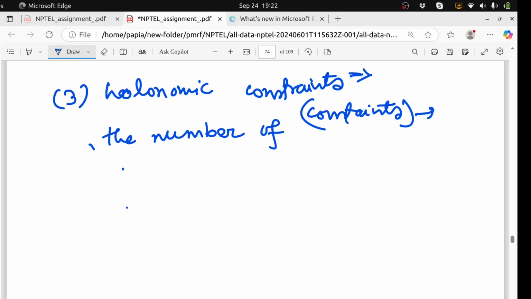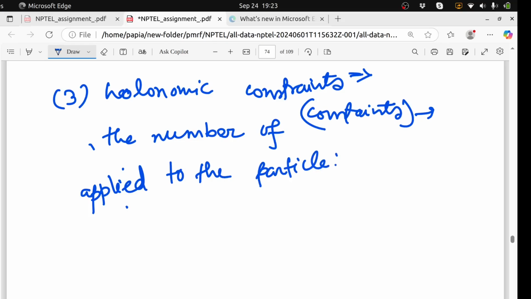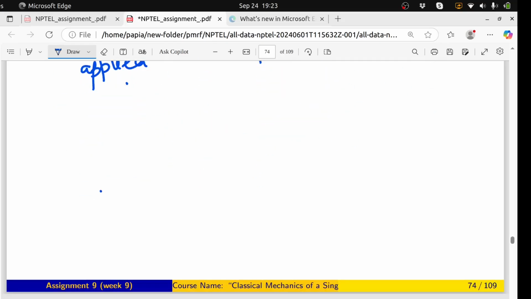So this is the constraint. So the number of constraints applied to the particle.